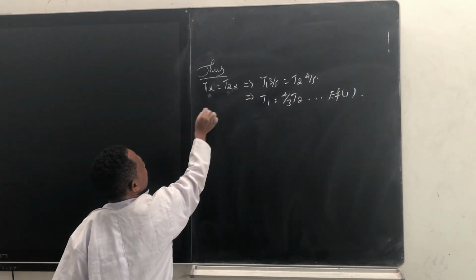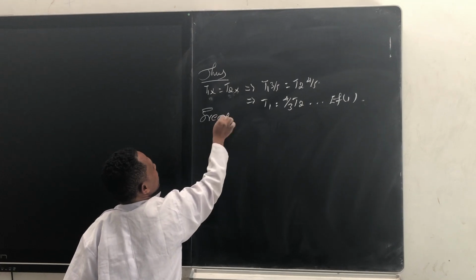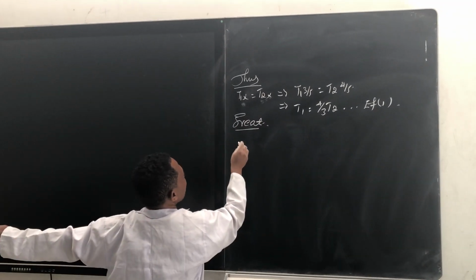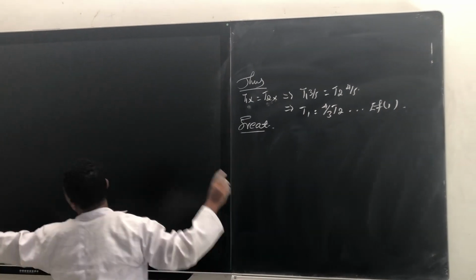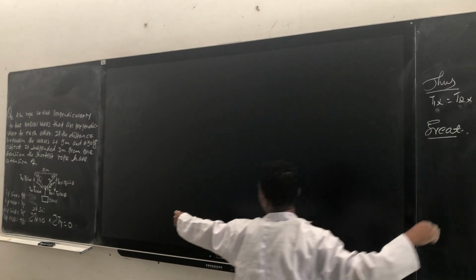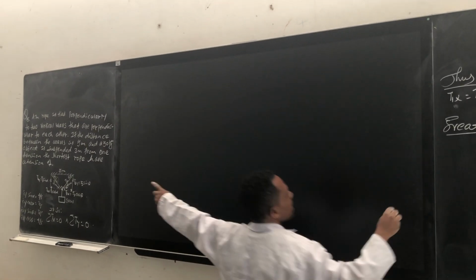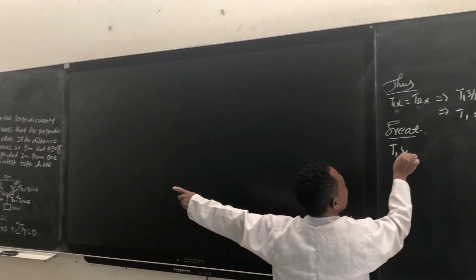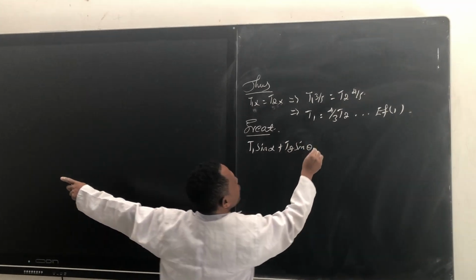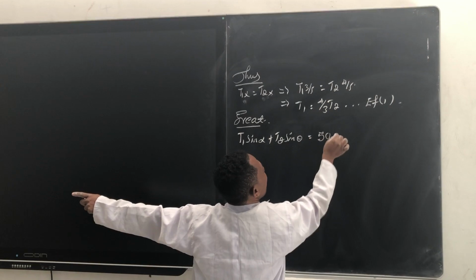Great. Next, look my dears. Since the sum of all the forces acting along the y-axis is 0, that means T1 sine alpha plus T2 sine theta should be equivalent to 500 Newton.